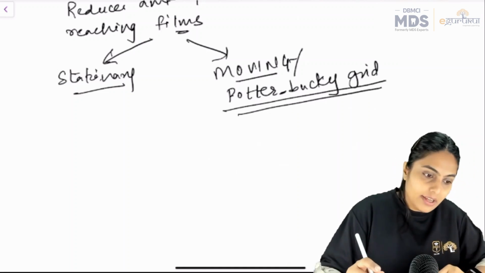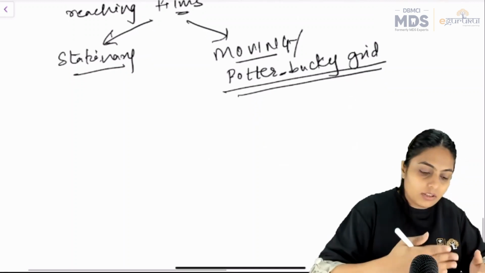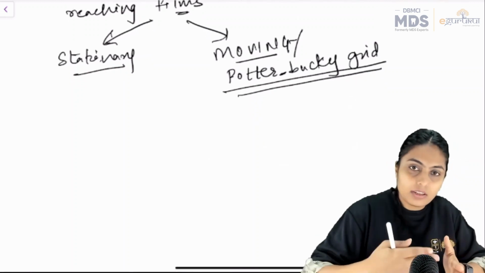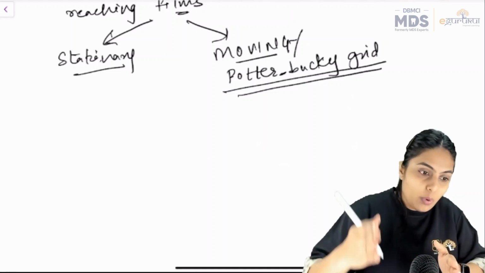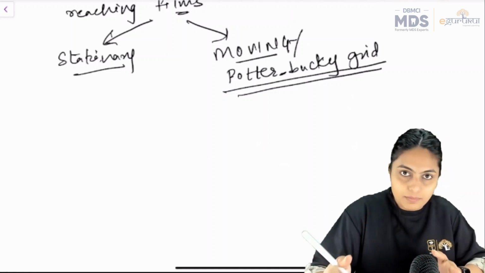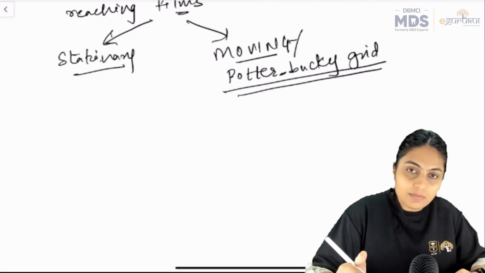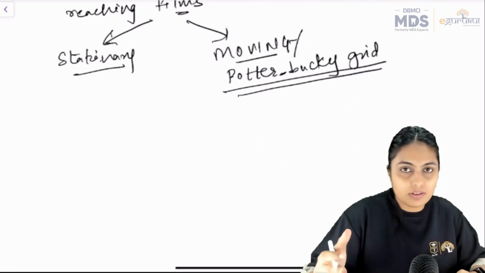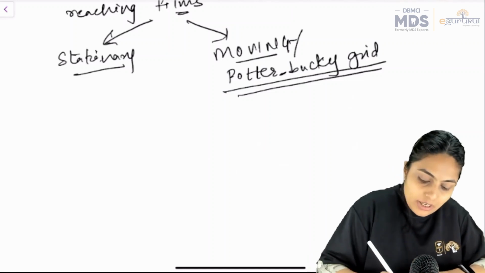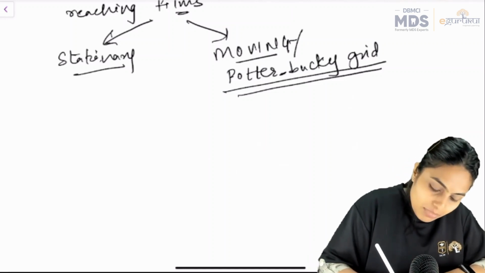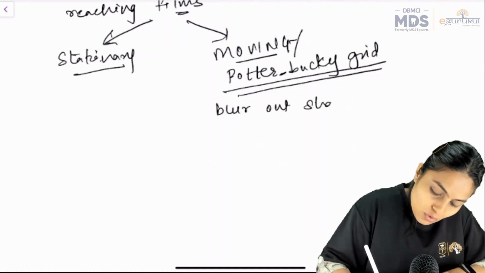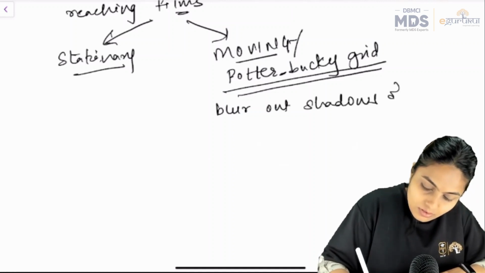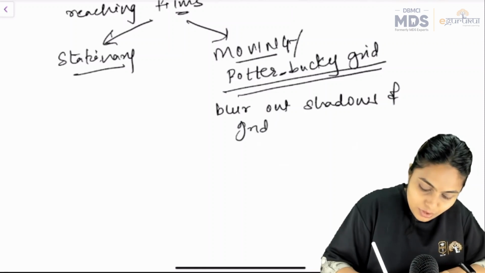This is a moving grid, and when the grid is moving, there are fewer chances of getting striations, white grid strips on the film. When we are using stationary grids, there are grid strips that you can see on the film, but while using a moving grid, we will blur out the shadows of grid strips.